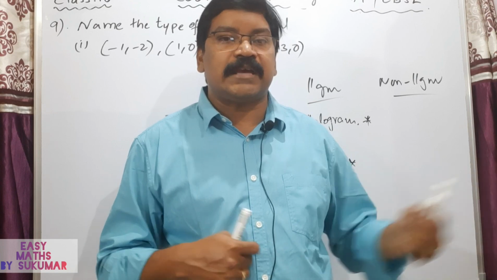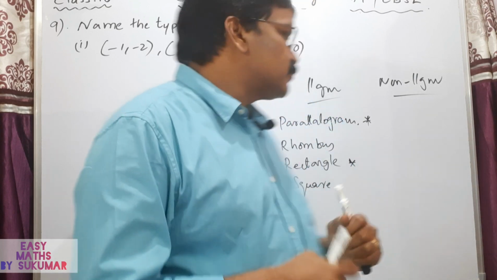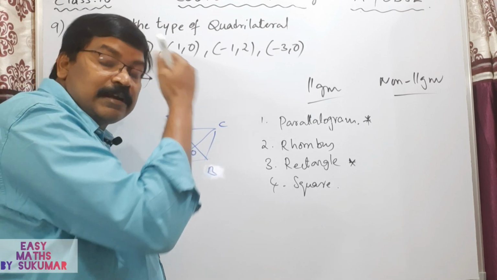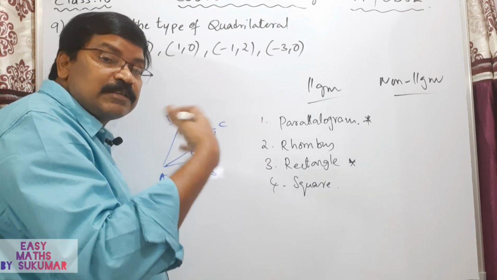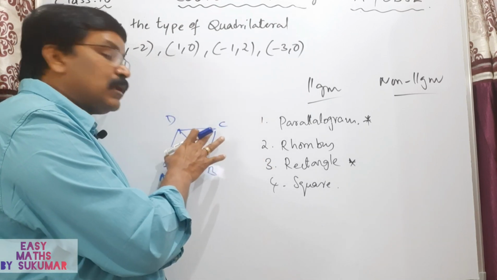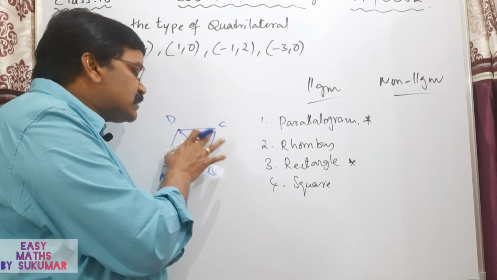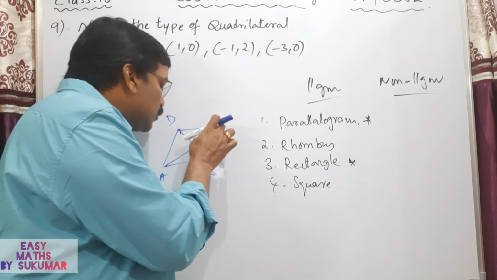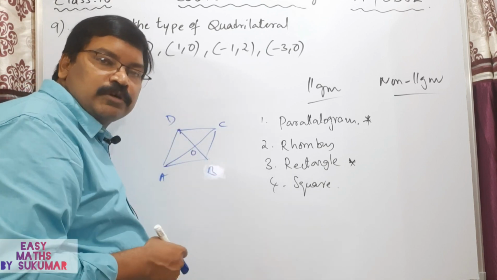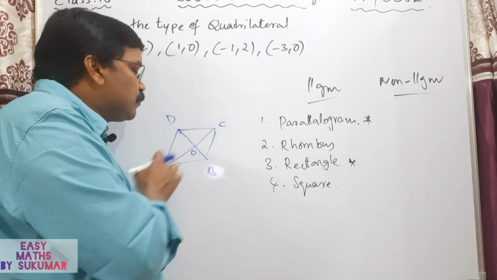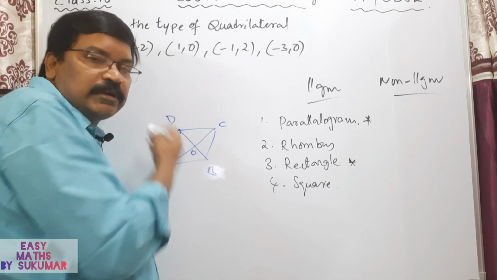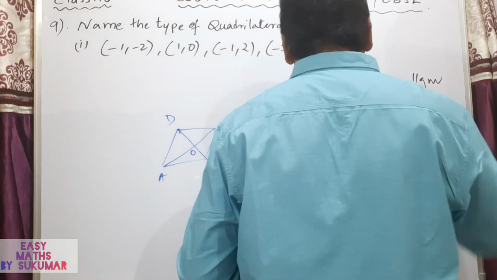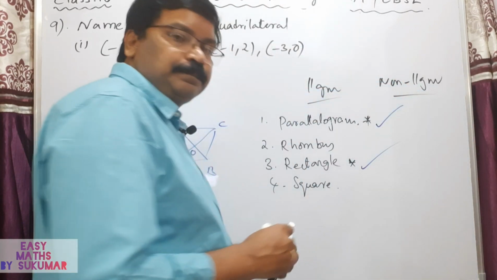That means we have to prove that AC and BD are equal. I already explained that diagonals bisect each other means the midpoint of AC is equal to the midpoint of BD, that is AO equals OC and BO equals OD. So O is the midpoint of AC and of BD. I already explained about this parallelogram and rectangle.